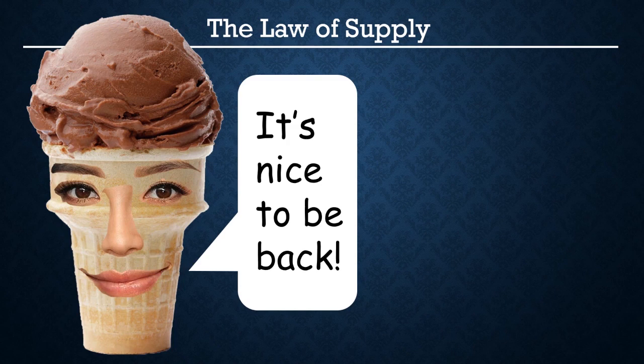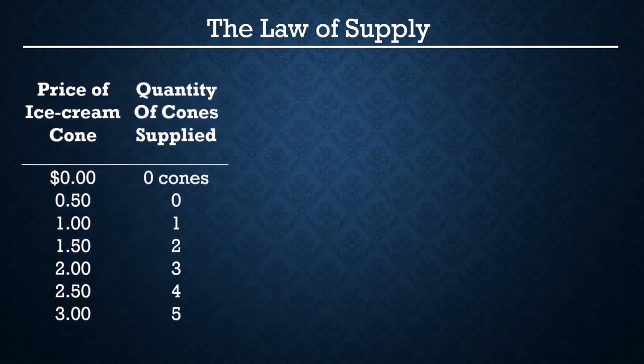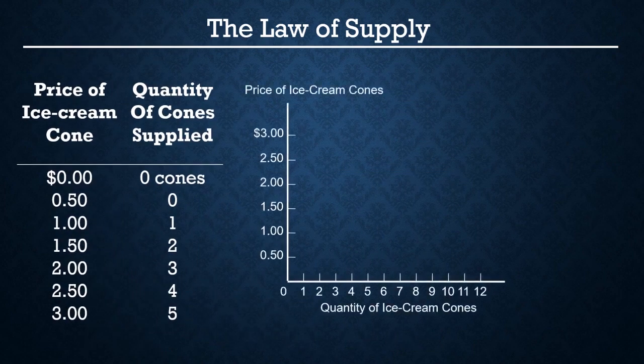Let's return to our old friend, the ice cream cone. This is the supply schedule for the price of ice cream and the quantity of cones supplied. We can see here no cones at $0, 3 cones, 5 cones would be $3, and so forth. Let's take a look at this data illustrated on a graph.